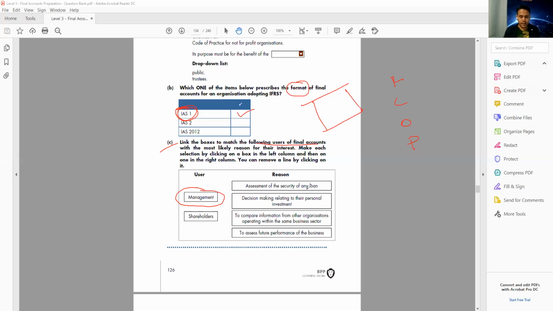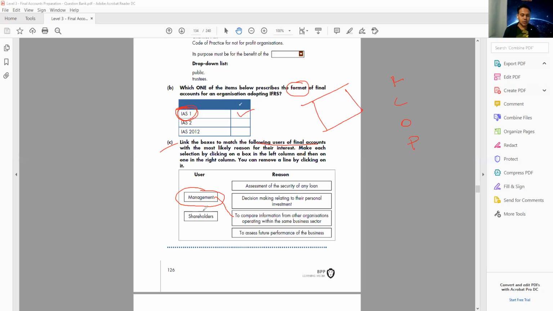No. Decision making for personal investment? No, management doesn't do personal investment. To compare information from organizations operating within the same business sector, yes. So to compare: are we doing better than other people or worse than other people? To make the comparison, they have to see the financial statement. So this is the reason.